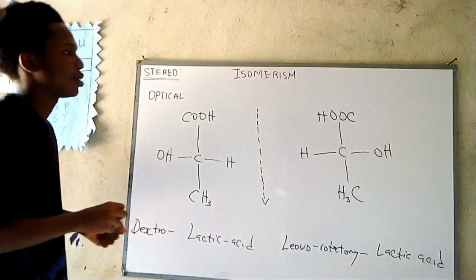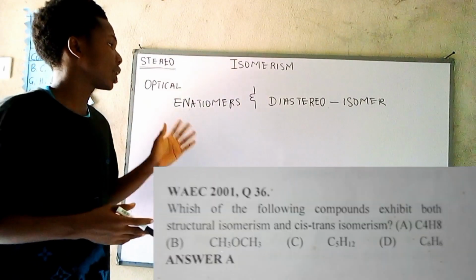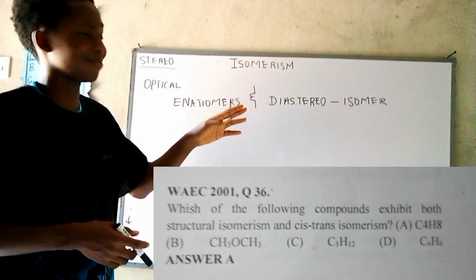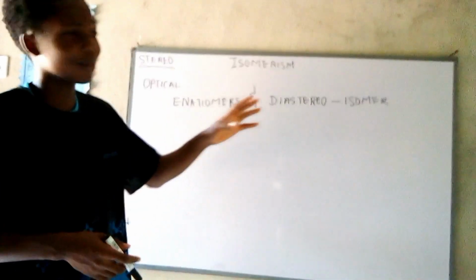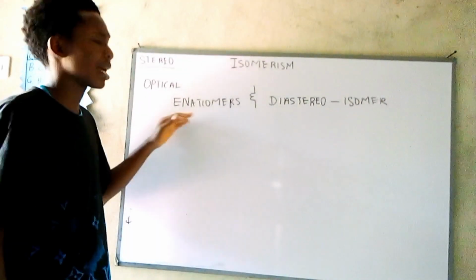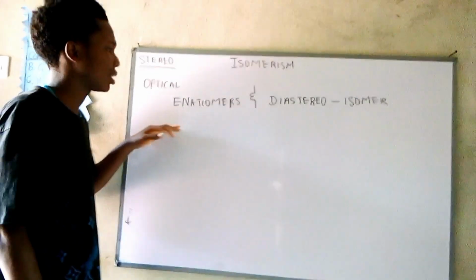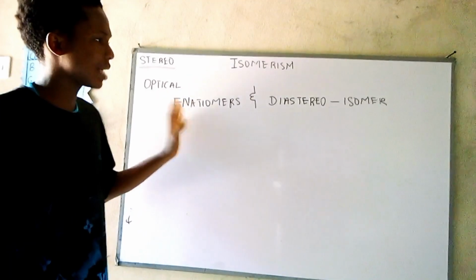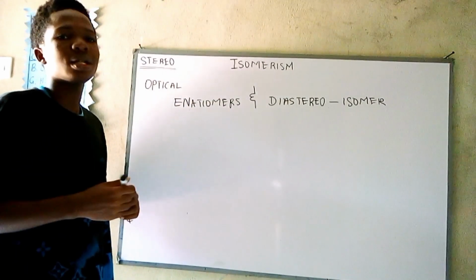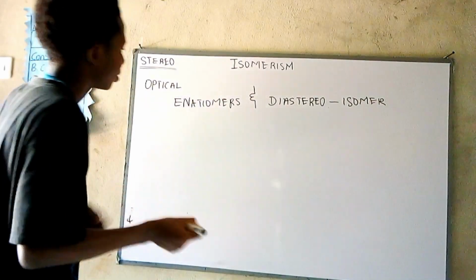Now, we all know what enantiomers is. But now, there's a foreigner in our midst. That's stereoisomer. What is the isomer? It's more like this guy. It has every other thing than this guy. But unlike this guy, the stereoisomer has two chiral centers.